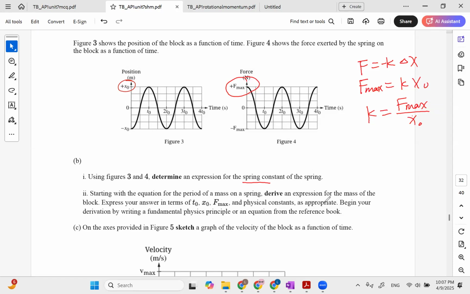Then how about 2i? How do you derive the equation to find a mass? Which equation do you use to find a mass? This one may confuse you.